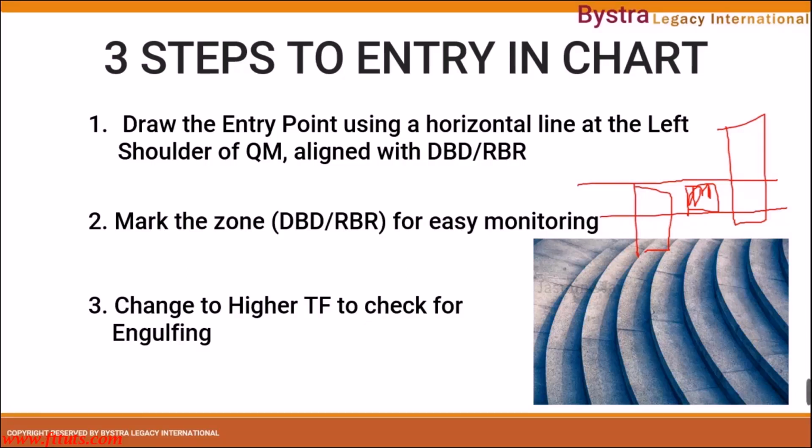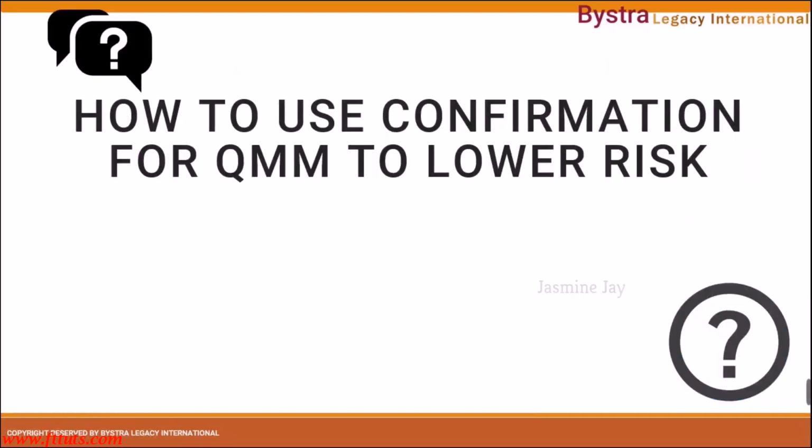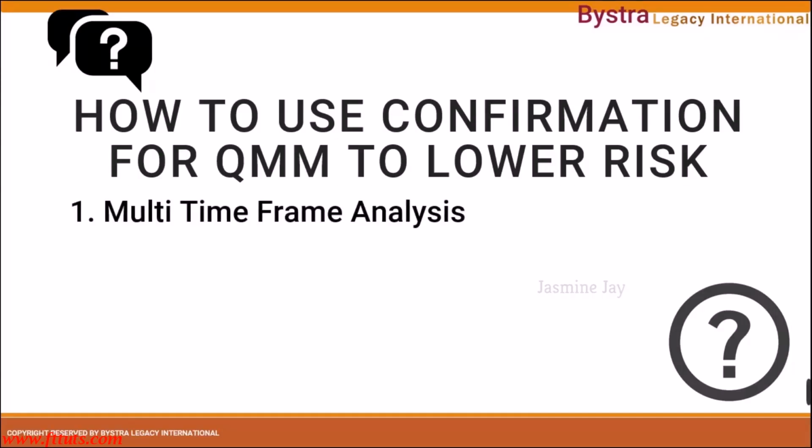If the setup doesn't have an engulfing on the higher time frame, then the setup will be considered very high risk. Please, when there is no confirmation, do not enter the trade. So how do we use the confirmation for QM to lower our risk of entry? First is the key, the same thing that we always come back to again, the multi-time frame analysis.